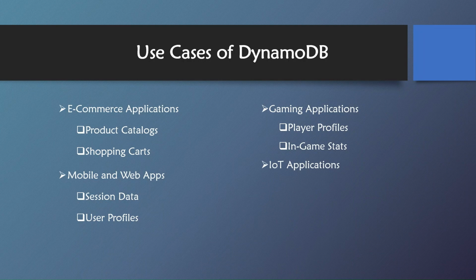DynamoDB provides fast read and write operations, making it ideal for applications that require quick access to time sensitive data for monitoring, analysis, or decision making. So these use cases highlight how DynamoDB's flexibility, scalability, and low latency performance make it a powerful choice for applications that require real-time data handling and fast, reliable access.